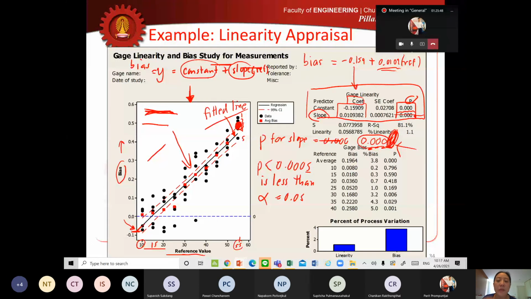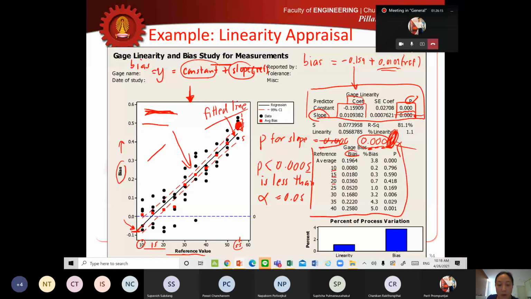And the next step, you have to take a look at the output below here. And you will see that it will report the amount of bias at each reference value. In this case, Minitab has limited space, so it doesn't show the reference values of 45, 50, and 55.